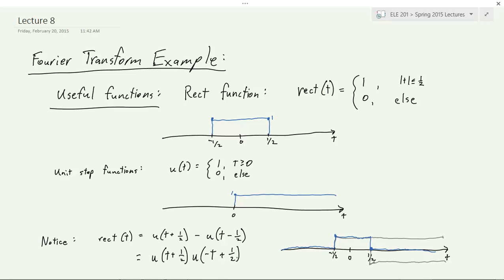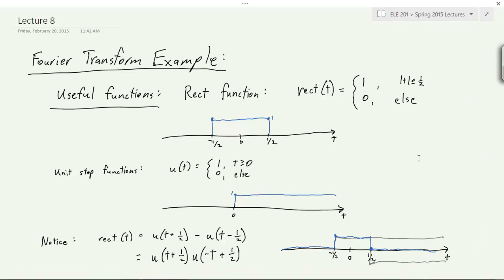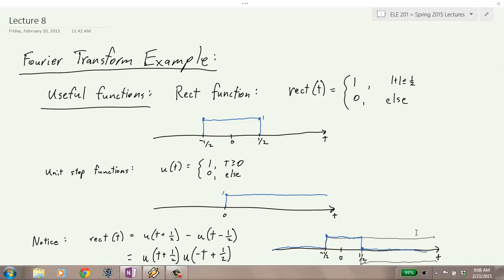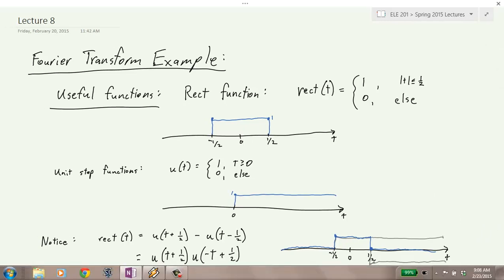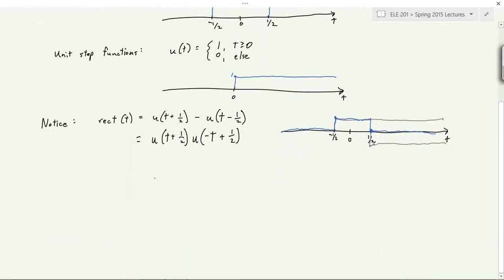So this is the product of a rect like this and a rect like this. And when you multiply them, this is all that remains, right?